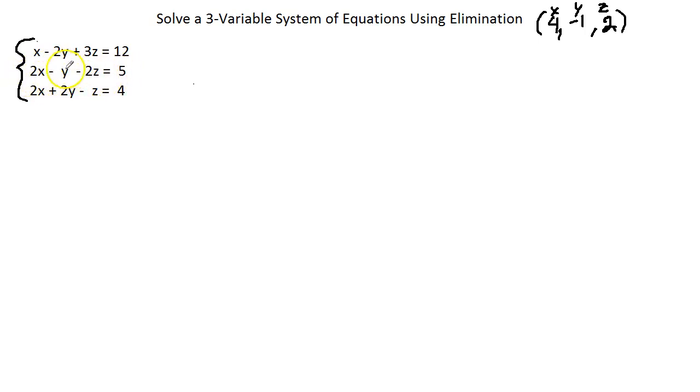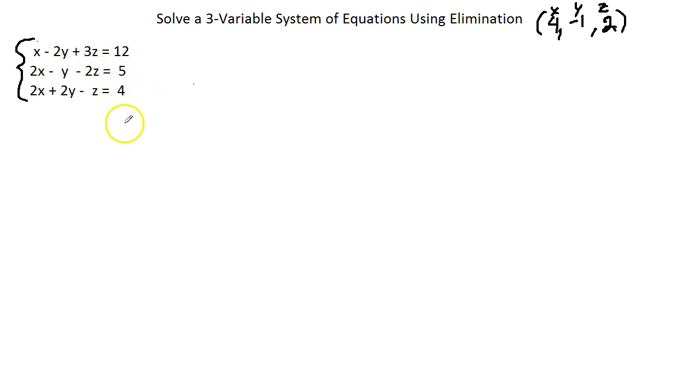I would multiply the equation by 2 to eliminate it with the third equation, and then multiply it by a -2, that would make this positive 2y, to eliminate it with the first equation. If I chose to eliminate z's, I would choose the third equation, multiplying by 3 to eliminate with the first one, then multiply this equation by a -2, so this would become a 2z, to eliminate with the second equation.